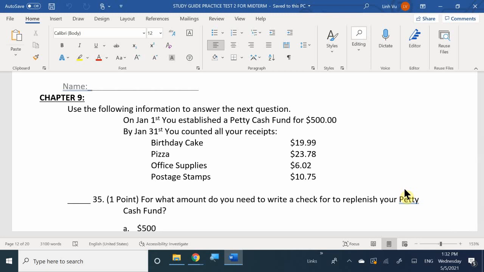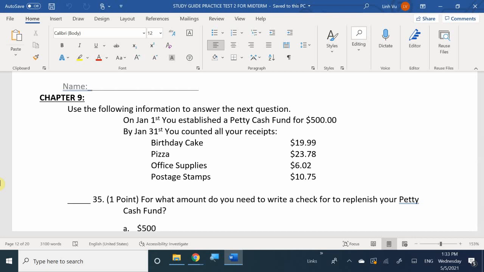Here we used money to buy a birthday cake, pizza, office supplies, and postage stamps, for $19.99, $23.78, $6, and $10.75. So the question here says, for what amount do you need to write a check for the replenishment of your petty cash fund?